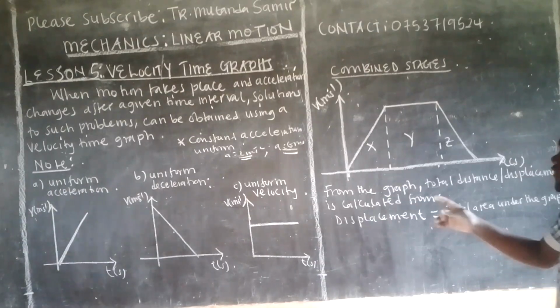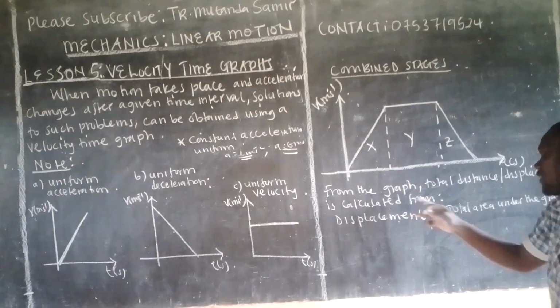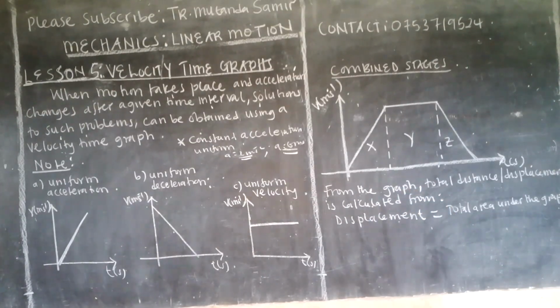A question will come after you have drawn that velocity time graph. They will ask you to find the total distance or displacement covered by the particle. From the graph, the total displacement or distance is equal to the total area under the graph. Graph, total area under the graph.